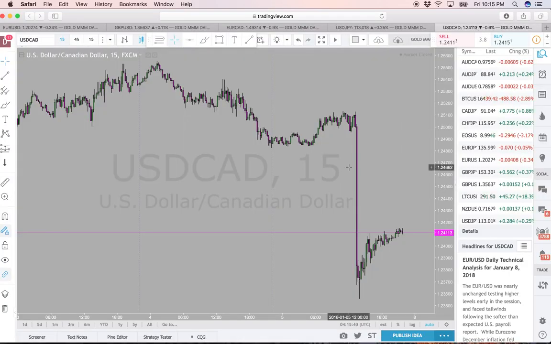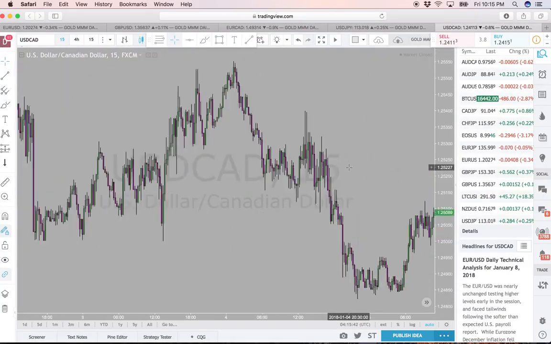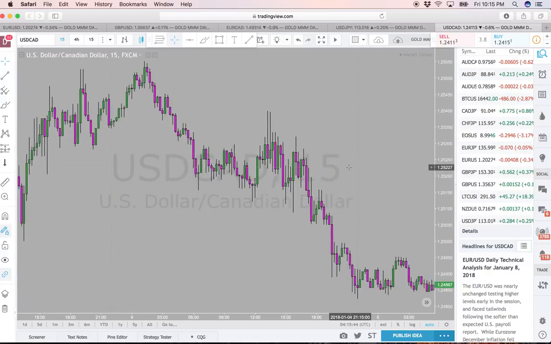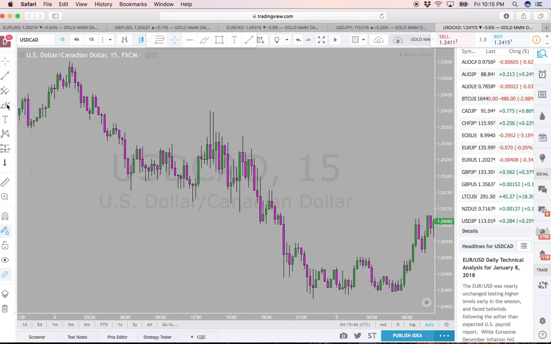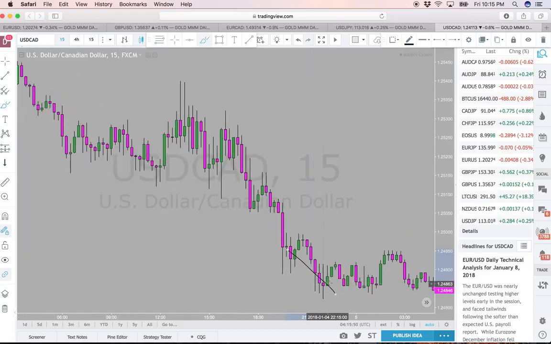USD CAD, we also had that W formation here off of the low of the previous day. We can see the low of the previous day was here, right here, and then this W formation off the low.